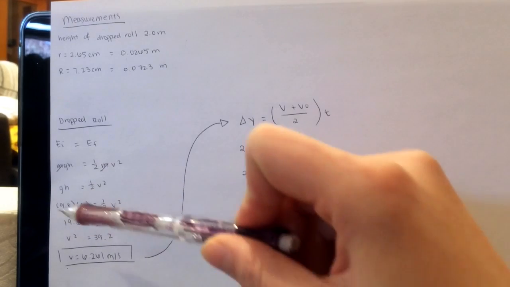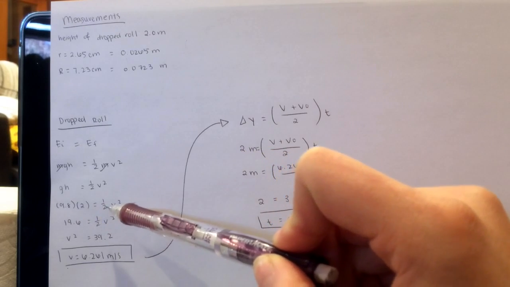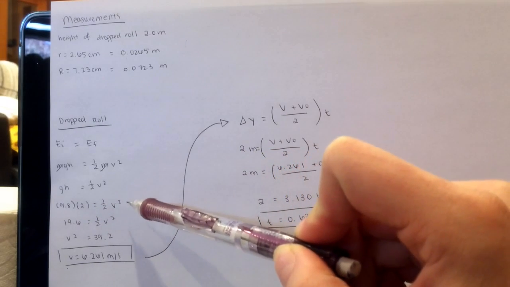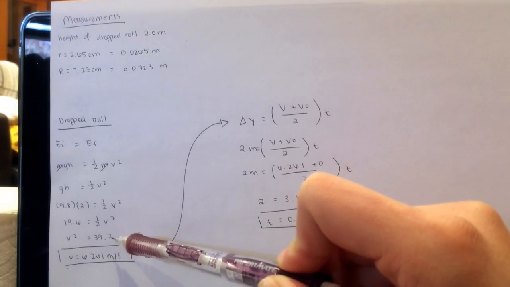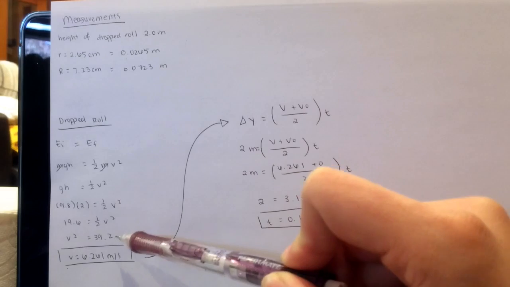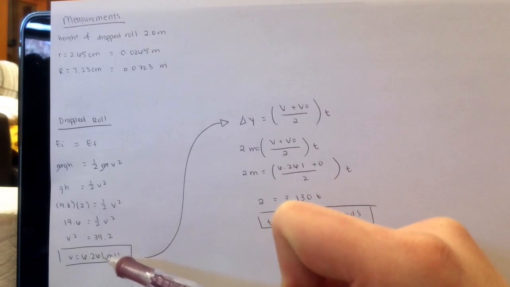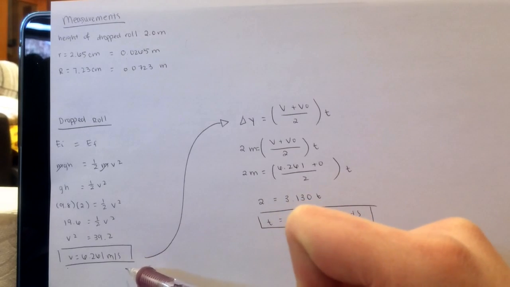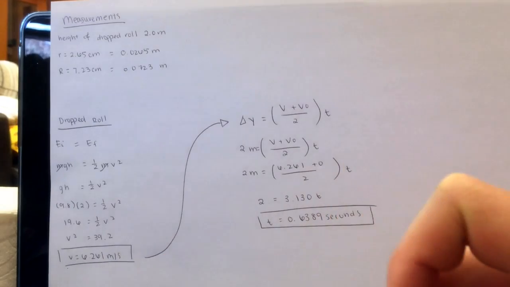When we plug in all our numbers, we get 9.8, which is a constant for gravity, times the height of 2 meters is equal to 1/2 velocity squared. When we isolate v, we get v squared is equal to 39.2, and when we take the square root of that, we get velocity is equal to 6.261 meters per second for dropping the roll without unrolling it.